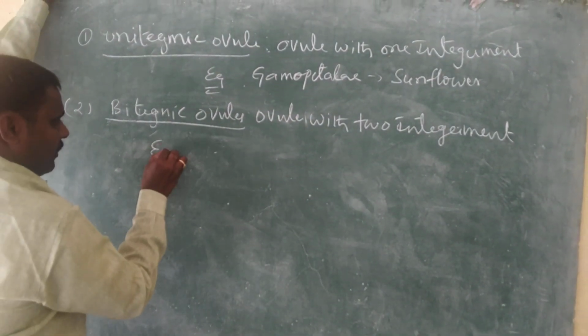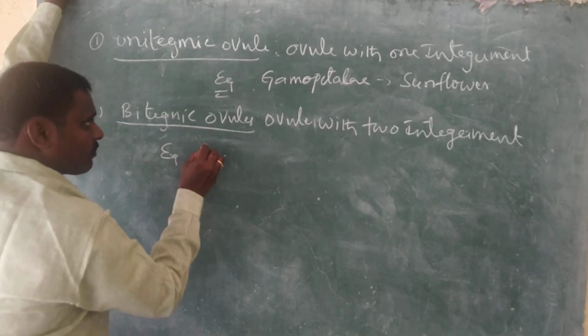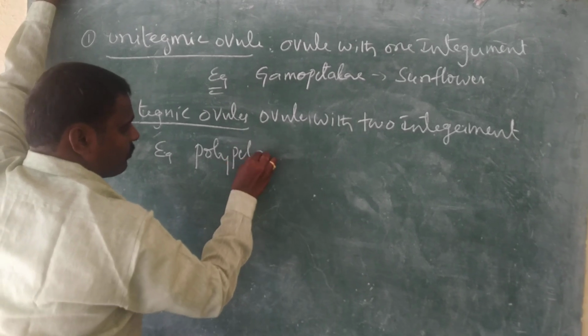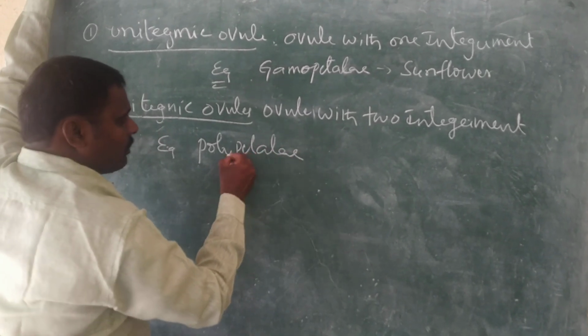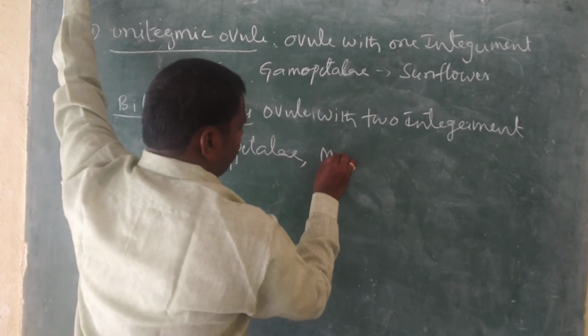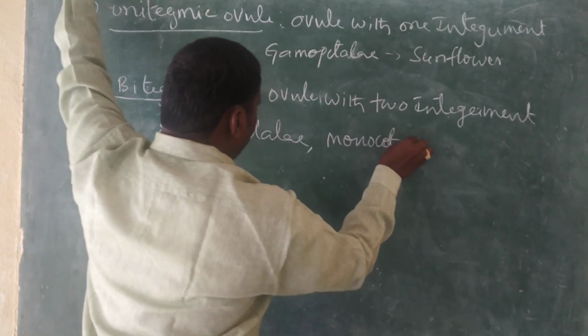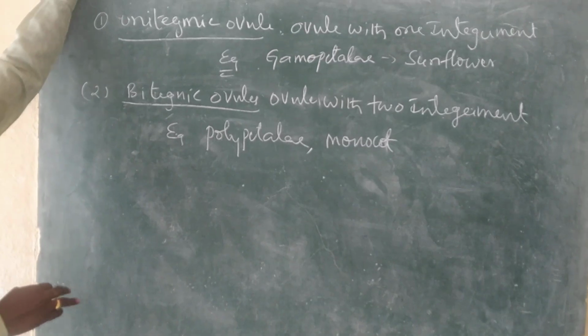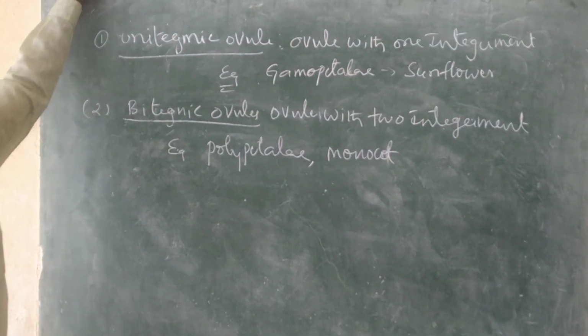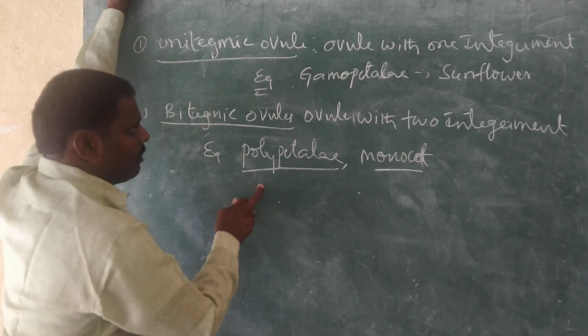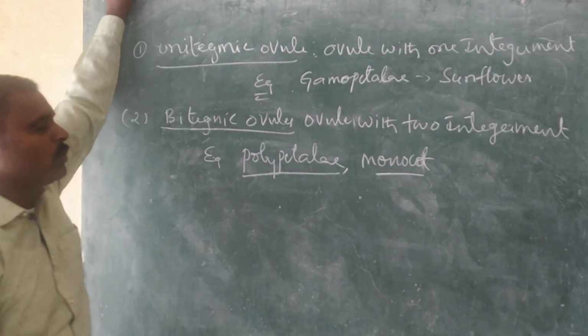Examples for this: polypetale and monocots. These two groups exhibit bitegmic ovules, monocots and polypetale.